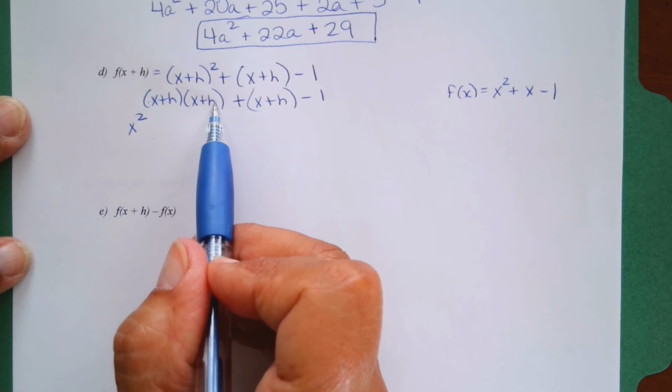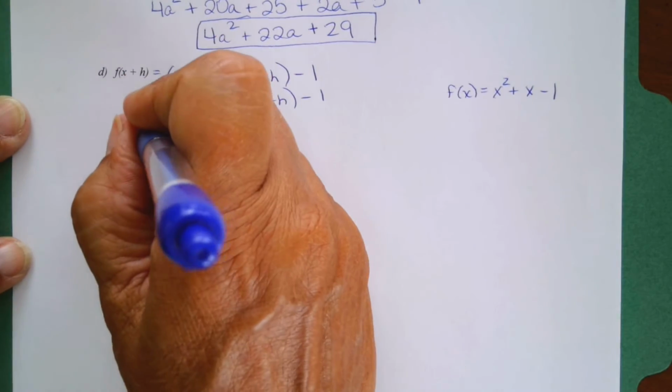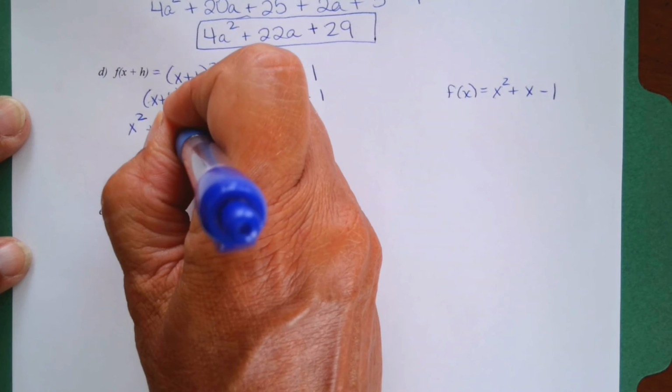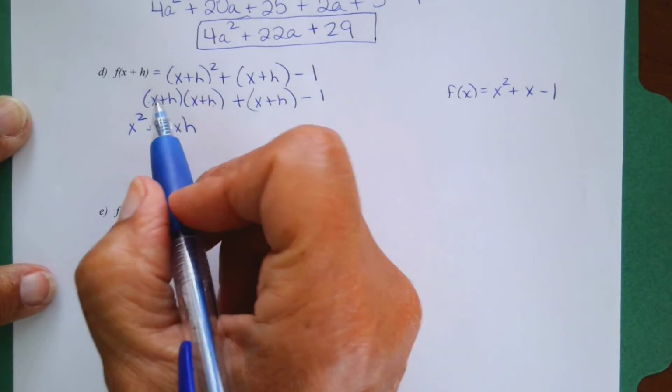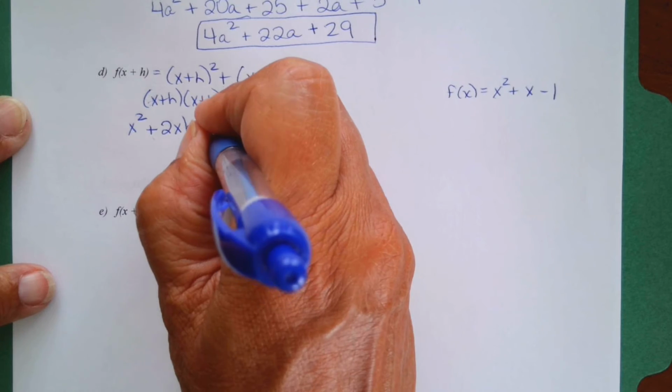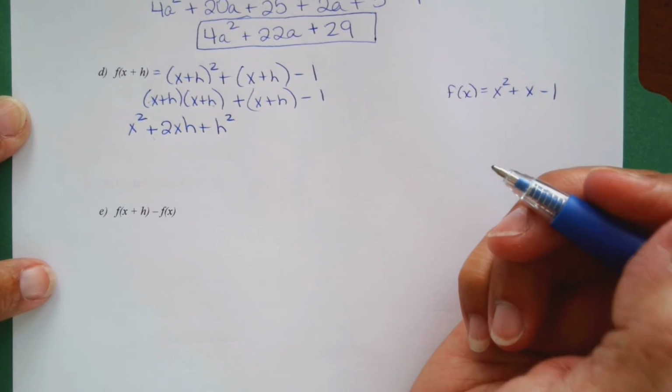So we have one xh on the outside, one xh on the inside. So that gives you two xh's, not x squared, h squared. Okay, one xh plus another xh is two xh's. And then last, h times h is h squared. I think I said x squared if I didn't say that.